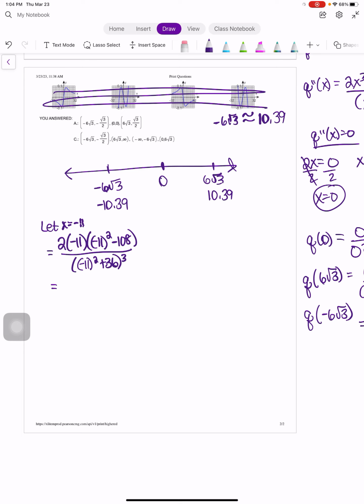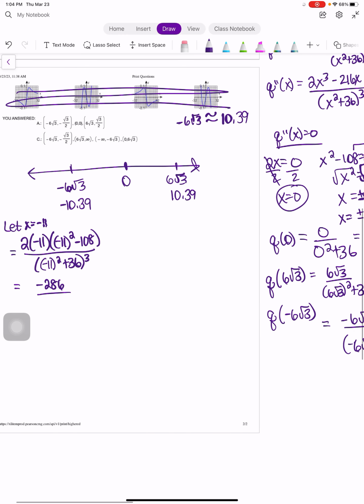In my numerator, that would give me negative 286. And in my denominator, I'm just going to be honest, I really don't care about the number. I could have just looked at my signs. In my denominator, I know that I have a negative 11, but when I square that, that's going to be positive, correct? So when I cube a positive number, the outcome is positive.